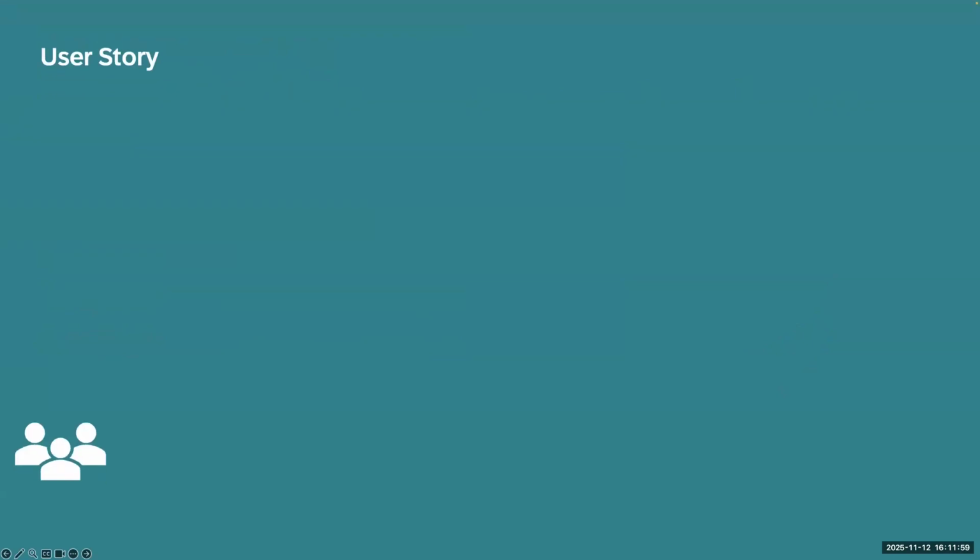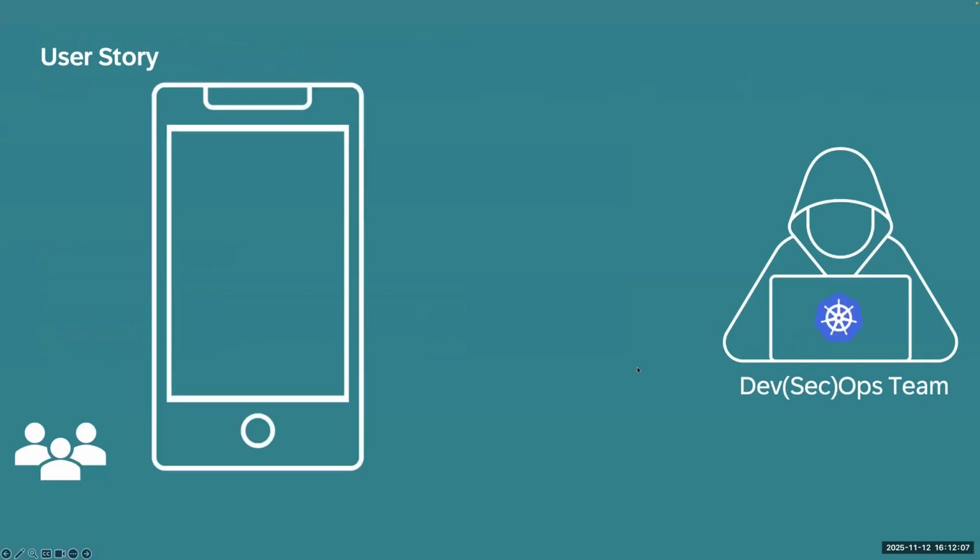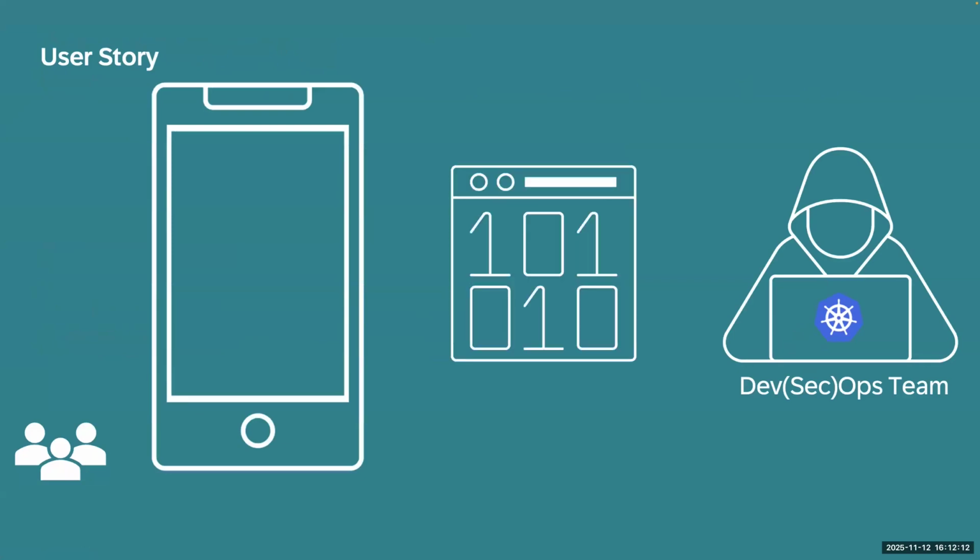So let's assume we are Dave, who is a member of a central DevSecOps team and is in charge of orchestrating cloud resources for a couple of very important cloud products. There's a new flagship product, which is an AI-powered mobile app with the name Virtual Sliced Bread version 2.0.